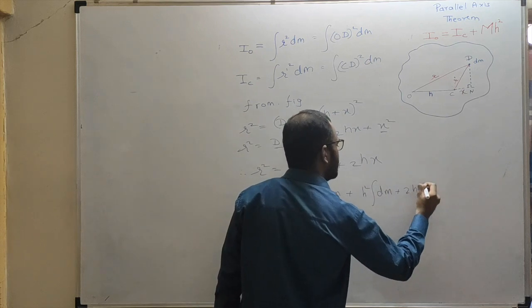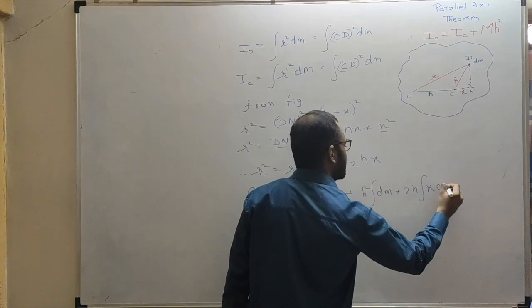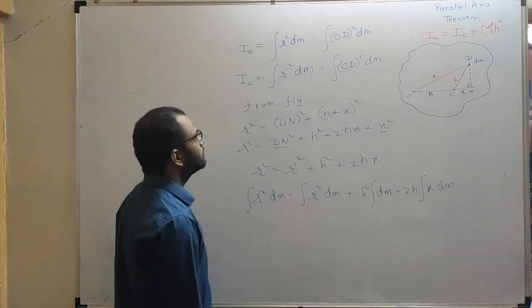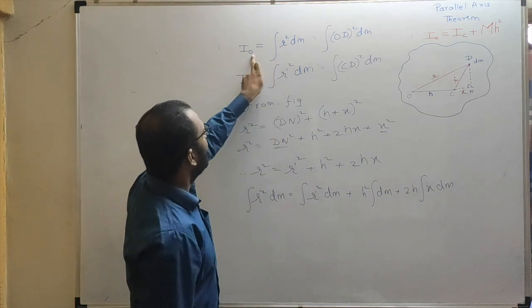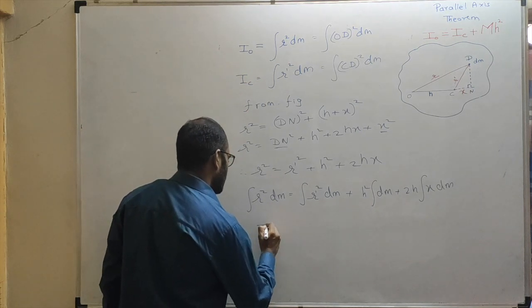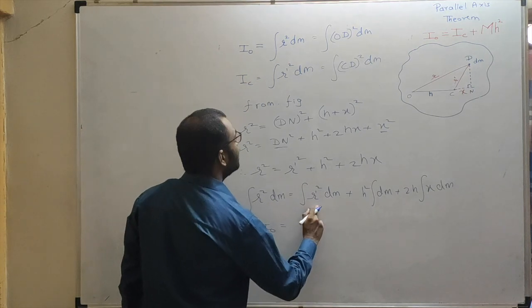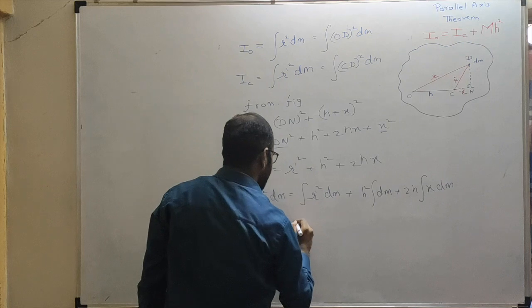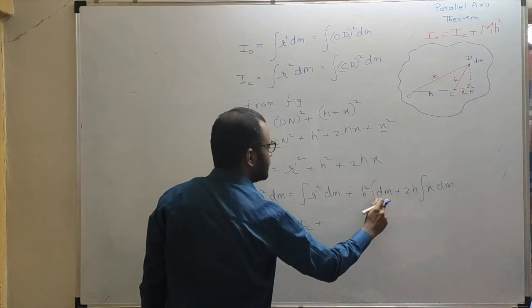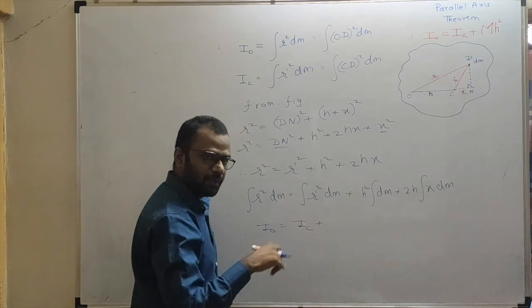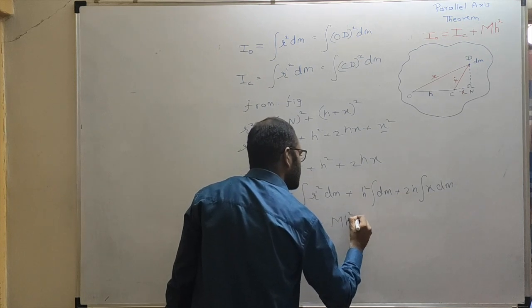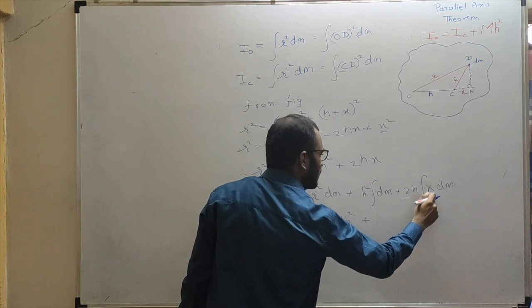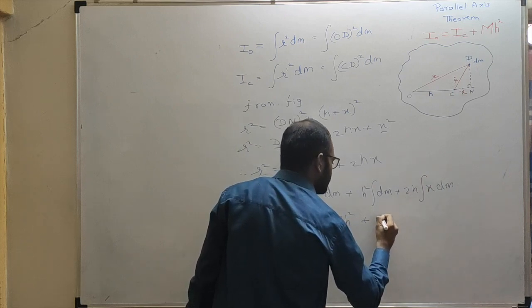Plus twice h integration of x dm. Now integration of r square dm is nothing but IO. Therefore IO is equal to IC plus integration of dm is nothing but capital M, so Mh square, plus, we know that integration of x dm is 0.